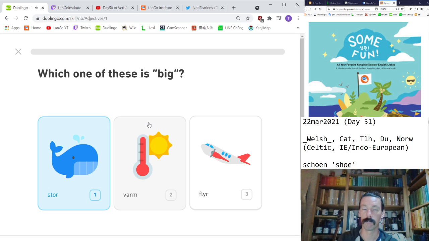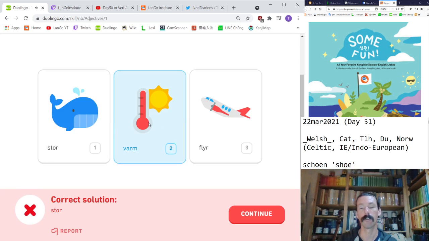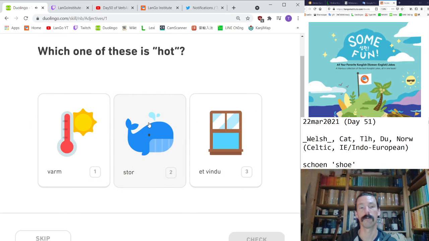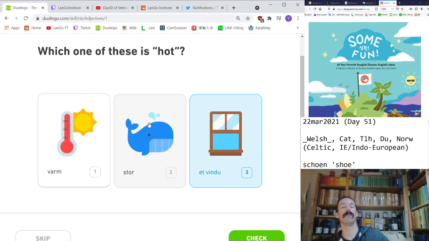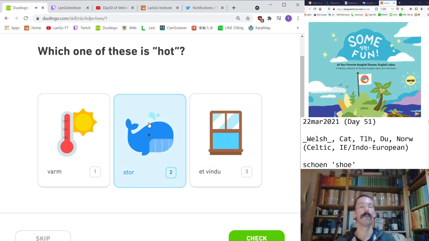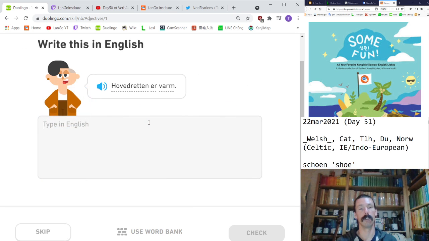Stor, big. Et vindu. Hovedretten er varm. I remember hoved is the head. Hovedretten, the main course. Er varm.